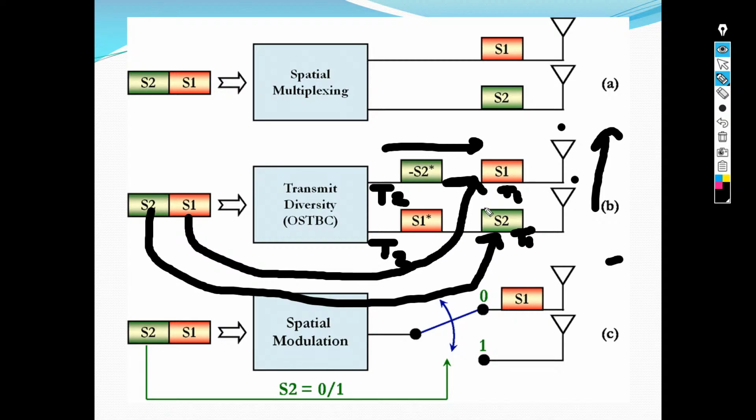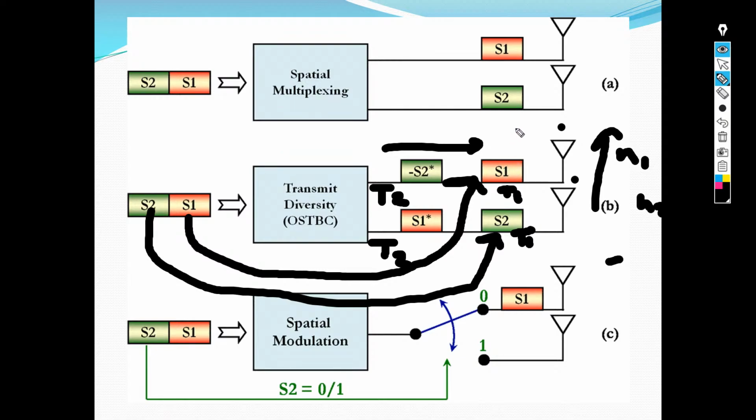So if you arrange it like this and transmit it over a multipath channel, where it gets multiplied by H1 and H2, at the receiver side you will get S1 and S2 separated nicely without any interference between them, and you are getting the gains of the channel in the same direction. So they are always co-phasing. We call it constructive addition, not destructive. Always you add them while they are in the same phase, always aligned in the same direction.